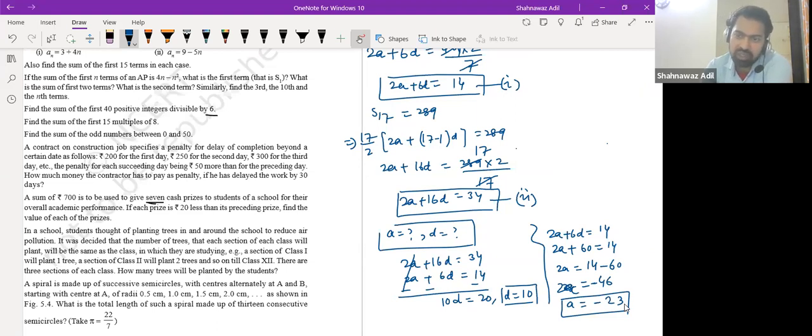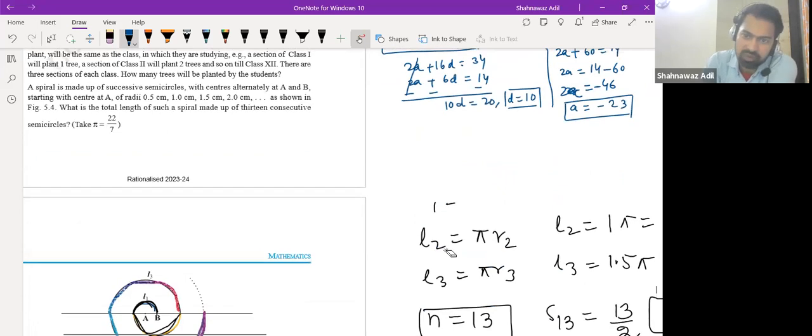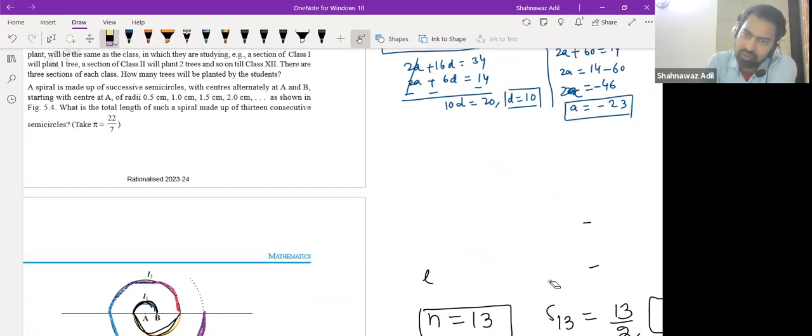Now we can calculate Sn. Sn is n by 2 times (2a plus (n minus 1) into d).